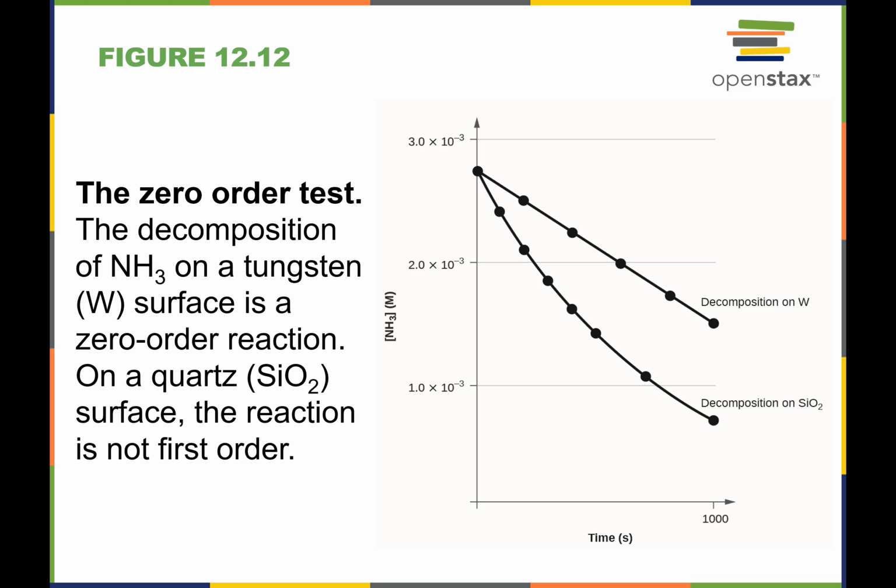The one with the straight line, this top one, must be zero order. This one, though it has a curve to it, is not zero order. You just have to match up what was plotted. It's a zero order test. Straight line, it must be zero order. This one, no. That's what we mean by the test.